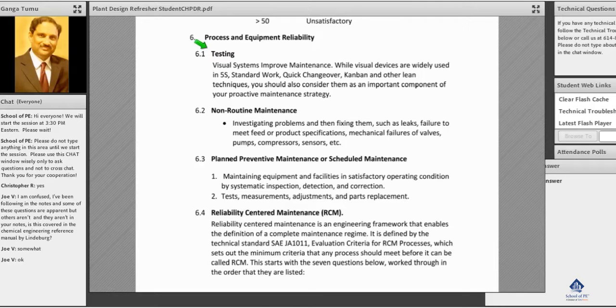Process equipment reliability starts with testing. What kind of testing needs to be done? For equipment in operation, we have to look into visual inspection.